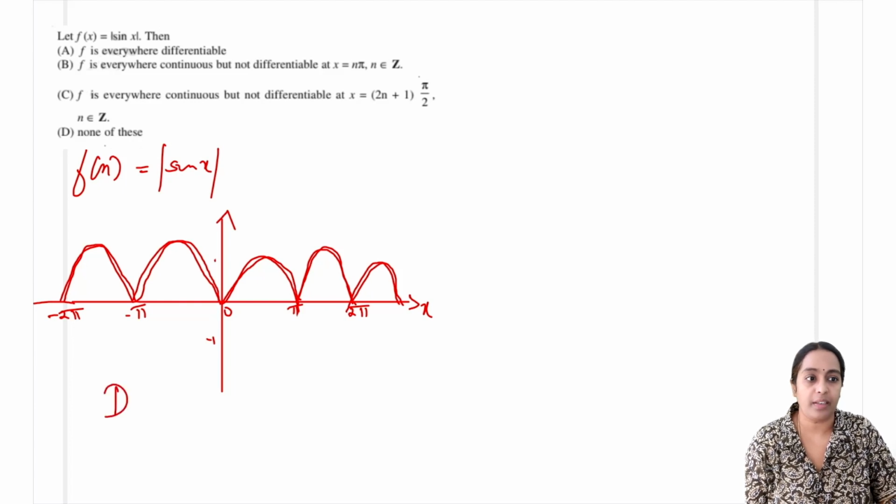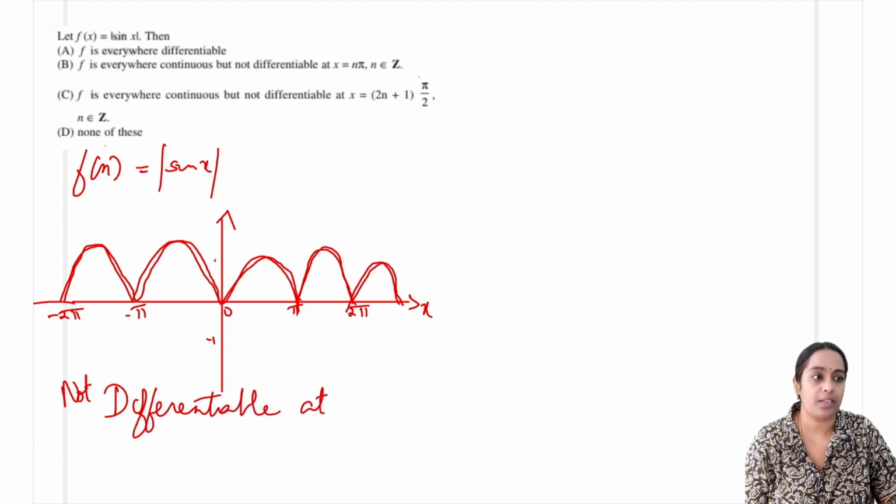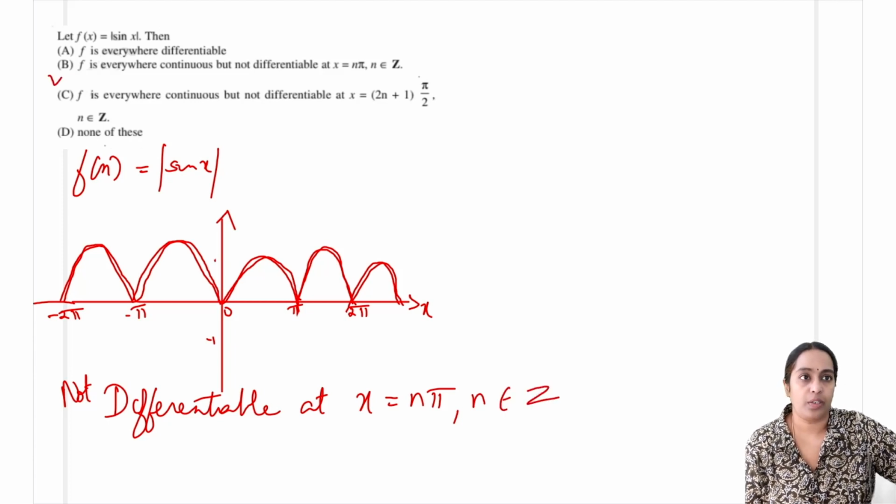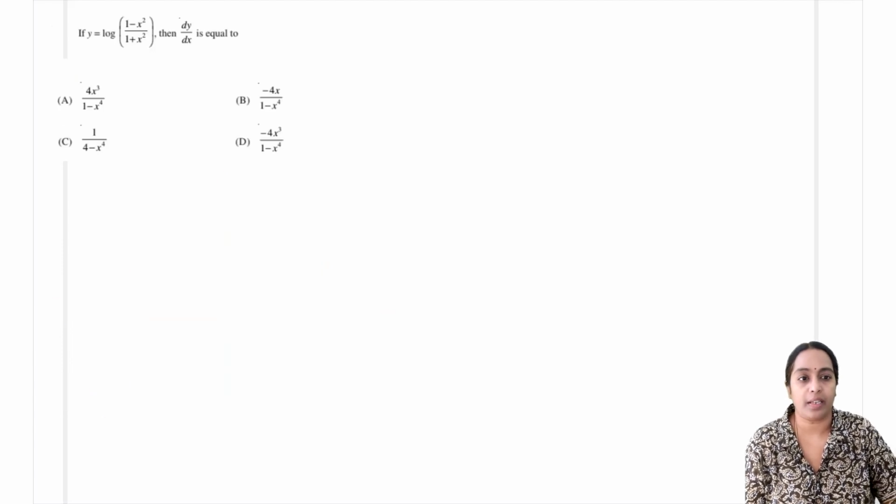So definitely the graph is not differentiable at x is equal to 0, pi, 2 pi, or minus pi, minus 2 pi. So x is equal to integral multiples of pi, where n belongs to integers. So option B is the correct answer. Moving on to the next question.